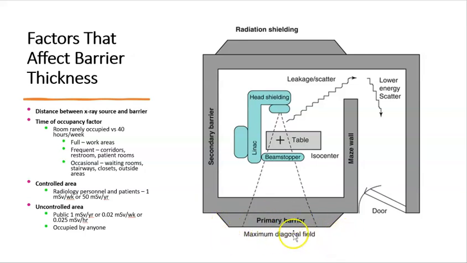This would be a corridor, which would be frequent. If this is a waiting room and there's chairs here, that would be a little bit different. It would be a waiting room, but it's also on a primary barrier wall. If it's on the secondary barrier, then it would be occasional. So they list it as occasional, but you have to be careful with that.